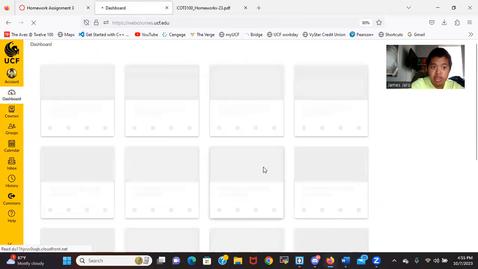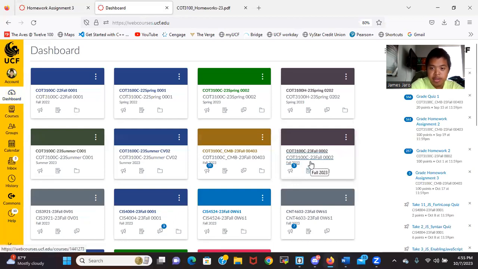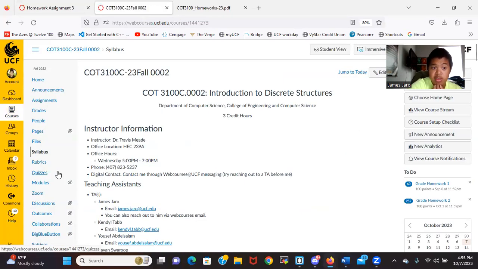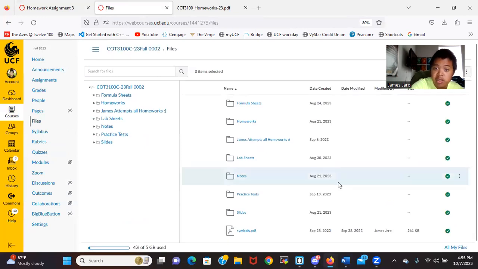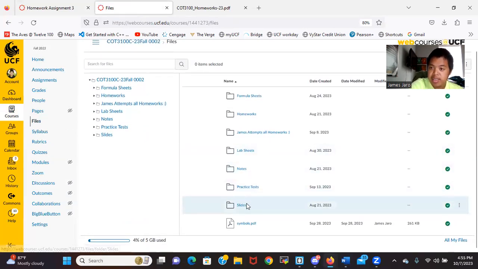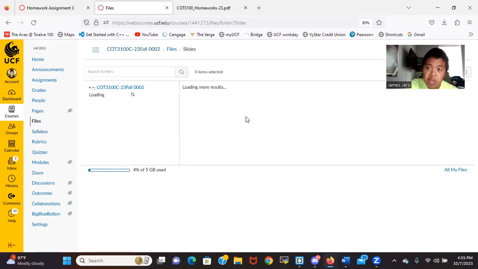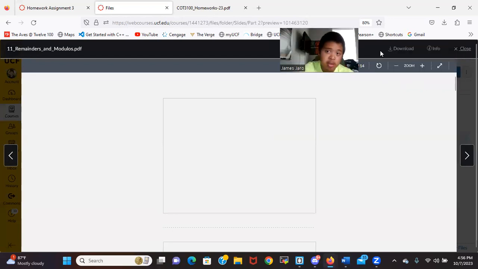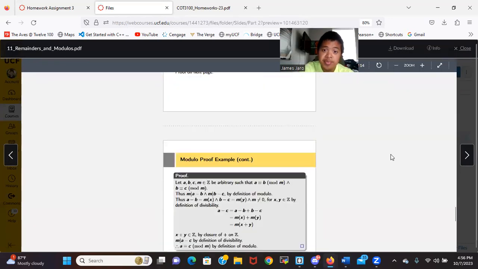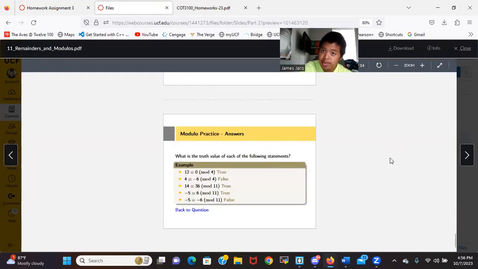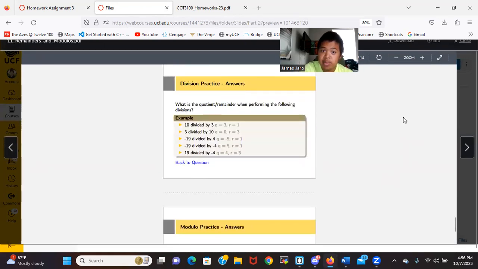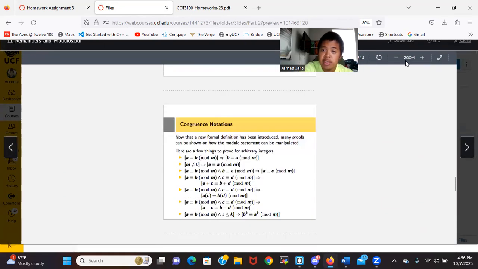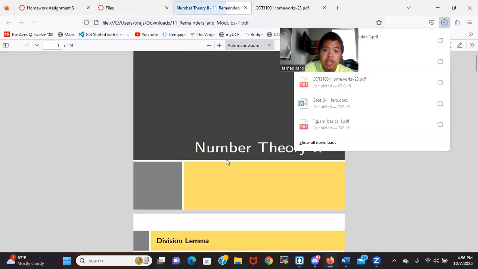I'm going to use Professor Mead's slides for this one, because he has some very good ones. Suffice it to say that when we're talking about modulo, just like how multiplication, division, addition, and subtraction have their own properties that get applied, so too does modulo.